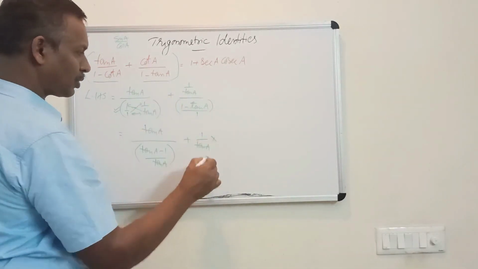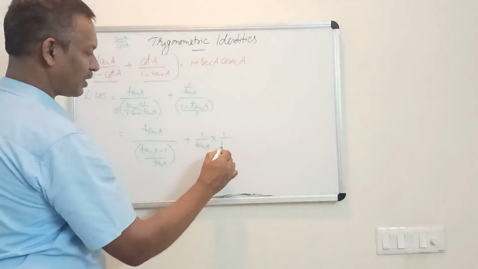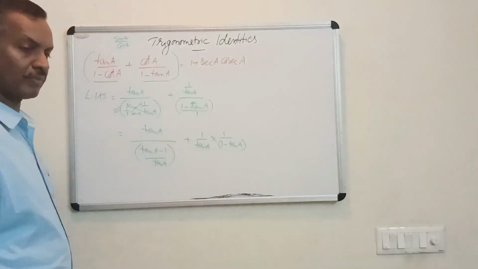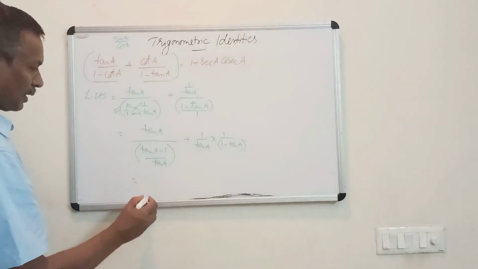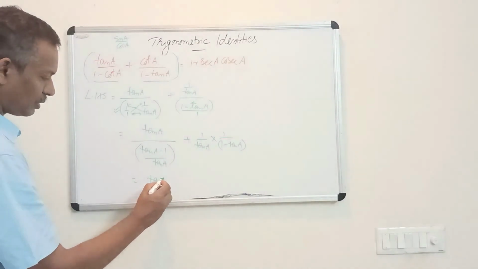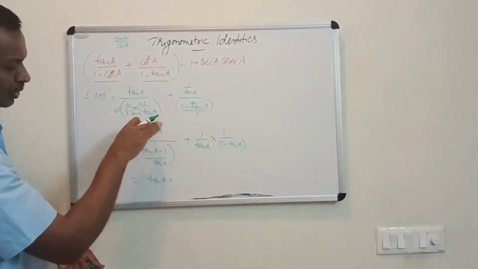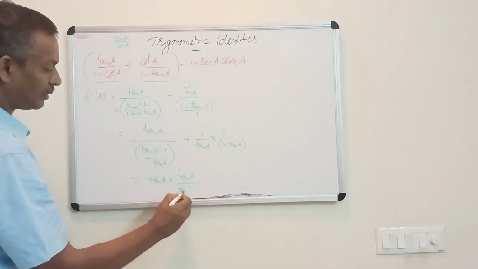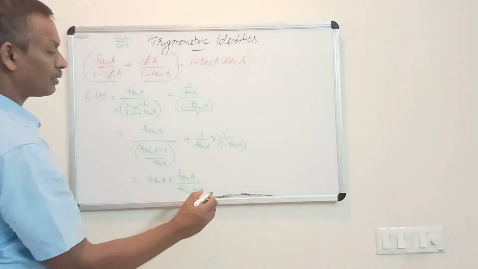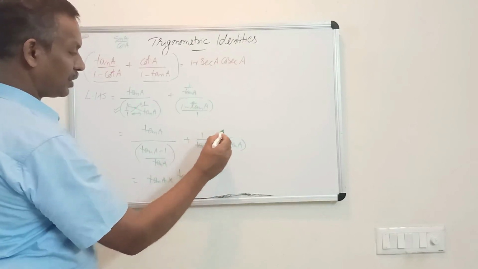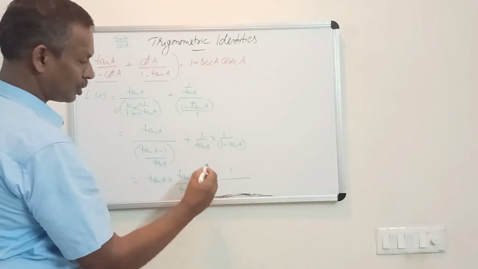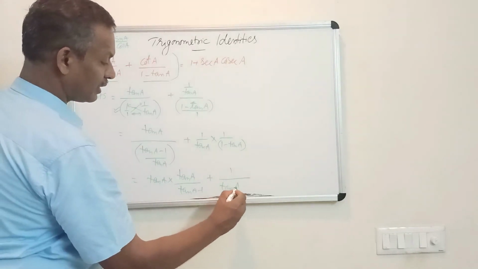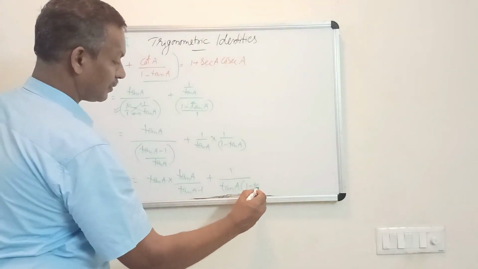You can take the reciprocal of it and write it as 1 upon 1 minus tan A. And here also you take the reciprocal: tan A into the reciprocal of this, tan A upon tan A minus 1. Plus 1 into 1 is 1 upon, don't multiply, just write it in factor form to take the LCM, 1 minus tan A.